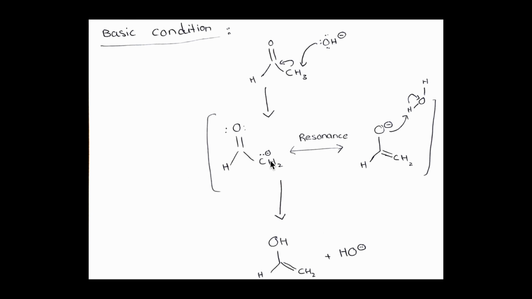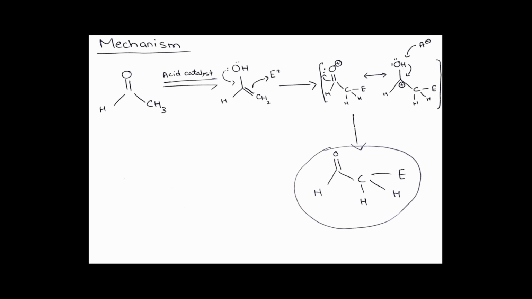The negative charge is because of the two electrons that came from the base, and in the second one, this negative charge moved to the oxygen next to it. After that, the protonation will occur, and the protonation of the enolate ion on oxygen gives the enol and regenerates our base catalyst. So now we have talked about the enol formation with the basic catalyst and acidic catalyst.